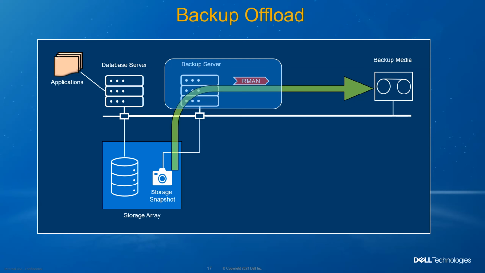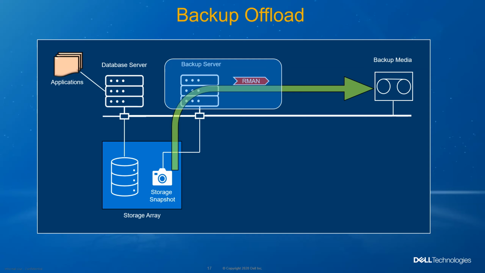And then you can run your RMAN job in the backup server, and the contention for the memory resources, the HBA resources, and CPU resources is offloaded to the backup server. And what this means is that the backups will generally run a lot faster and have little or no effect on the application users.